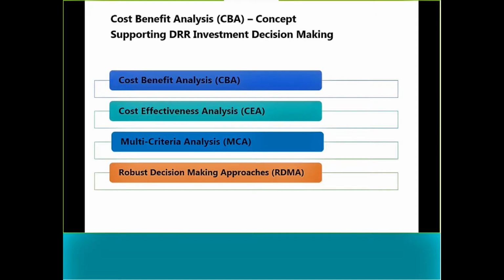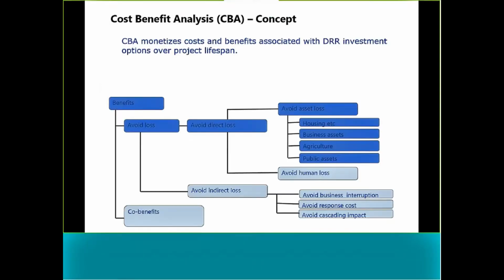To start with cost-benefit analysis, as many of you may know, this is a structured approach to monetize a series of costs and benefits associated with particular investment decisions. For example, with disaster risk reduction, we may have a number of benefits, as you can see in this graph: losses or damages avoided, such as asset losses avoided, human losses avoided, as well as indirect losses or higher order impacts avoided.